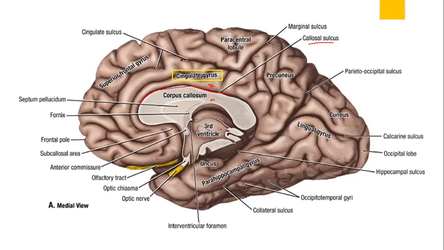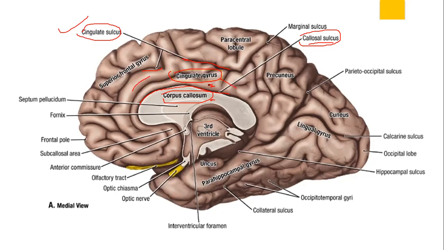And if I just go above here, this sulcus is basically known as the cingulate sulcus. So between the cingulate sulcus and the callosal sulcus, or I can also say between the cingulate sulcus and the corpus callosum itself, there is a gyrus that's called the cingulate gyrus on the medial surface, which is a huge gyrus that covers majority of the frontal lobe as well as the parietal lobe.